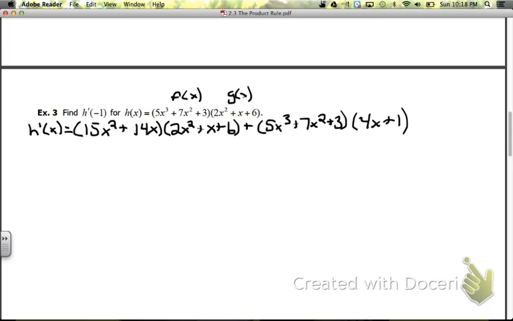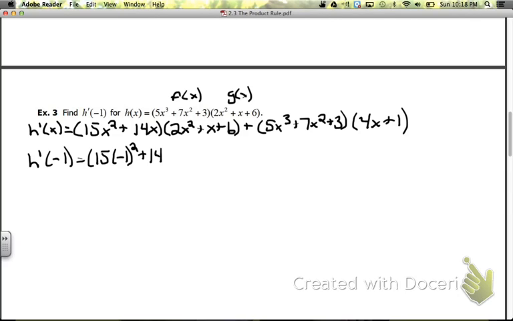Now we could go ahead here and expand and simplify, but since we're actually just finding our derivative at a certain x value, which is -1, we can just go ahead and sub in -1 now for all the x's. So we have h prime of -1, sub that in for all the x values.